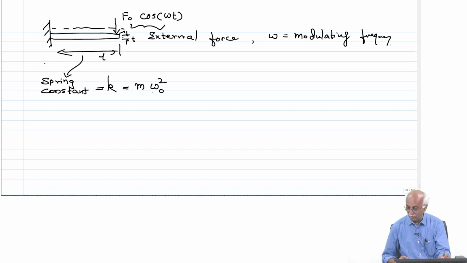This omega 0 is the resonance frequency of this cantilever beam. It can be determined using our beam theory for a cantilever beam. I am not going into those details, but this omega 0 is the resonance frequency of the cantilever beam.